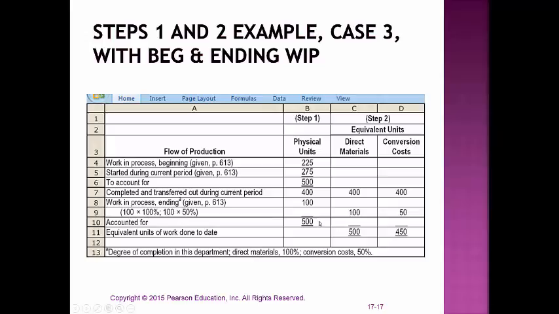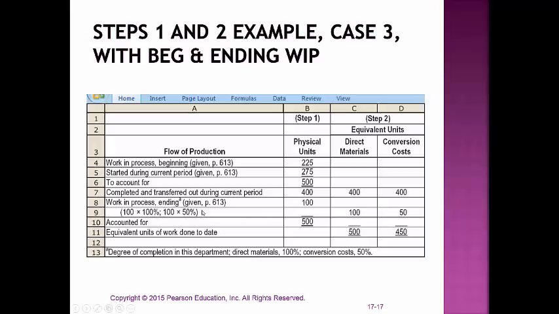Dropping down to the work in process inventory, again, assuming that all direct materials are dropped into the process when the units are started, then as to direct materials, these 100 units have 100% of their direct materials. So 100 times 100% equals 100 equivalent units as to direct materials.